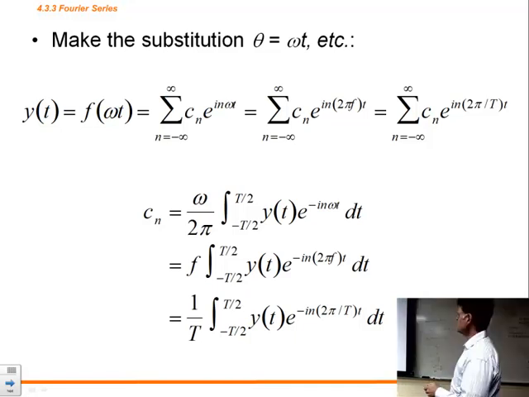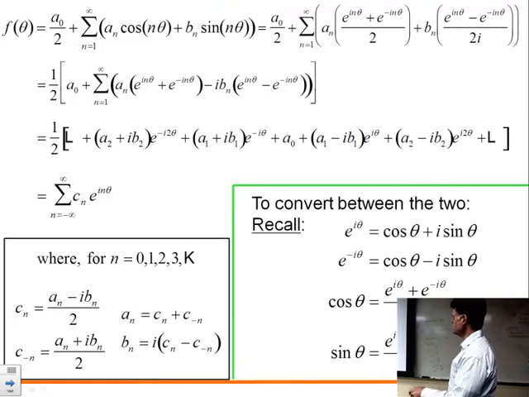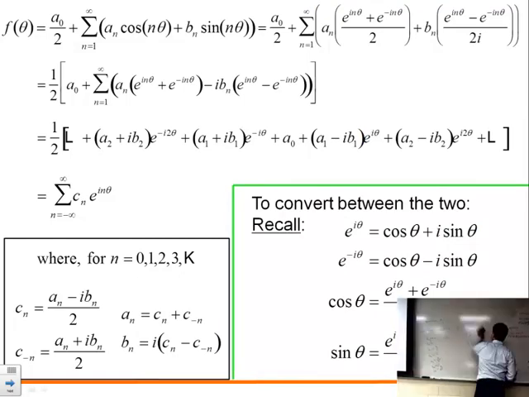So now what I'm going to do, go back to this conversion here and find what the C's are. So what are the C's? So the 0 C is A. I have B0 is 0, so this is just 0.